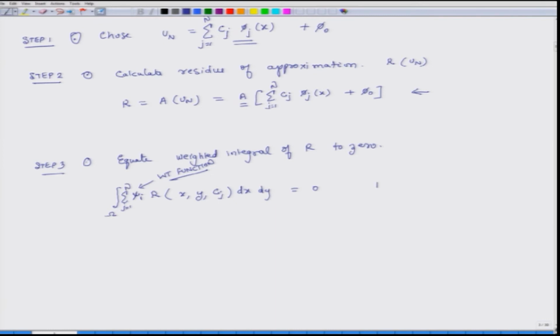So, there are total n unknown values for C_j, because this is an n term solution.